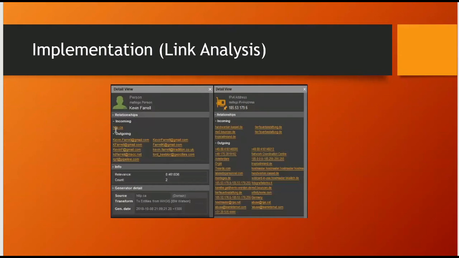If we're talking about the implementation, we've got some examples of the results. From Maltego, we've got the name of the suspect employee. We've got some of the incoming and outgoing relationships with communications like email addresses and IP addresses, all of this information which can be traced. So we can identify to what extent that person has a relationship.